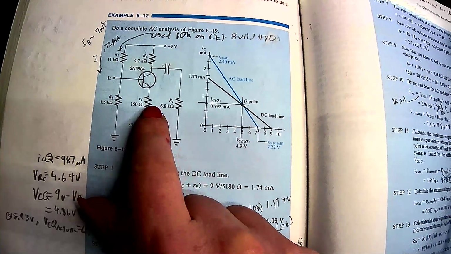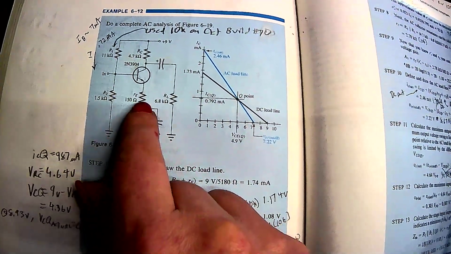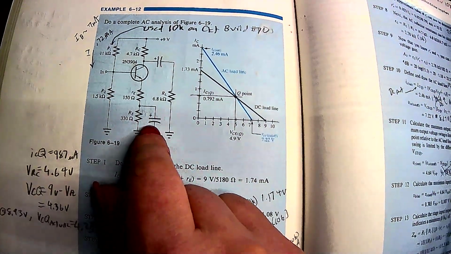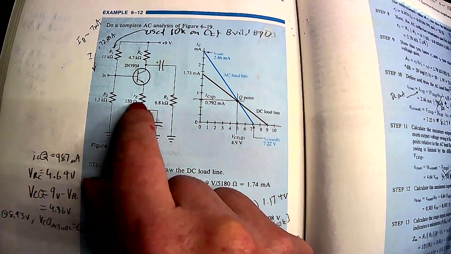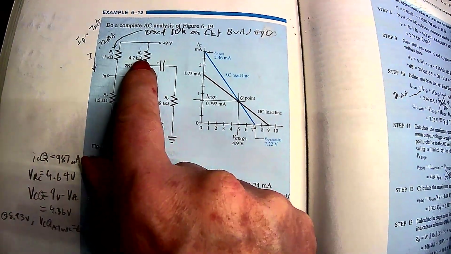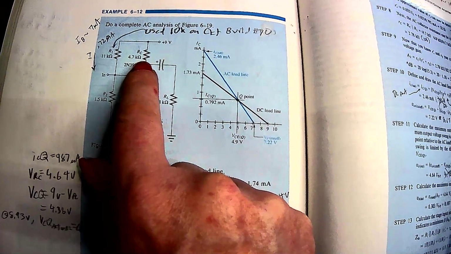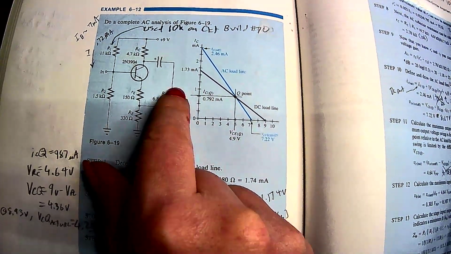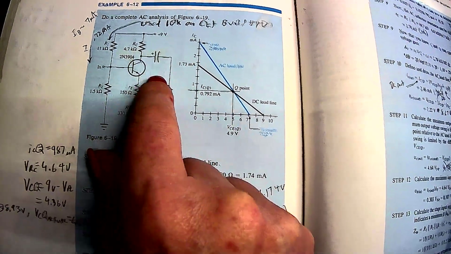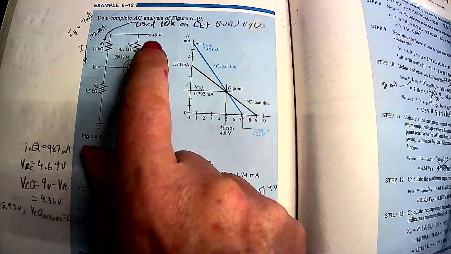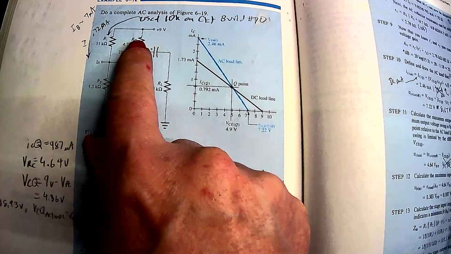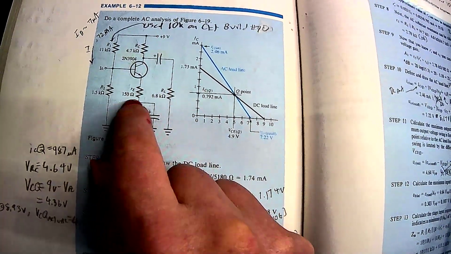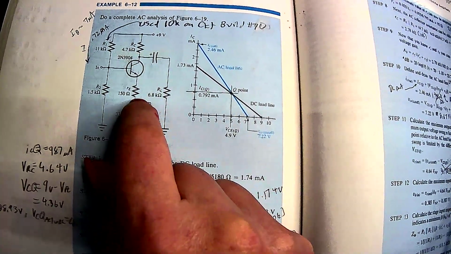So it's actually feeding some of the signal back into it to reduce the gain. So the gain ends up being pretty much this 150 ohms into this 4.7 kilo ohm resistor with no load on it. Now, if you do have a load, you've got to parallel the load resistance and the collector resistor there, and then divide that by this resistor, and that gives you the actual gain.